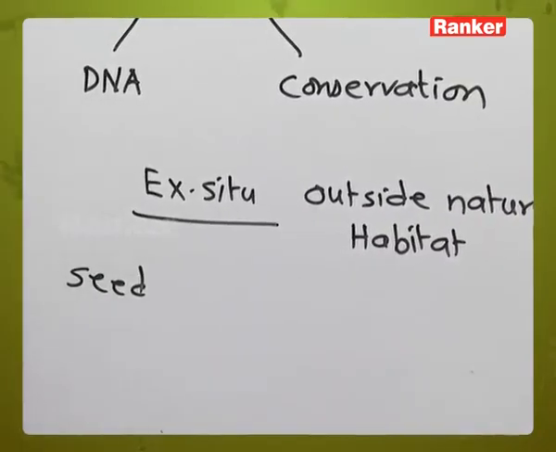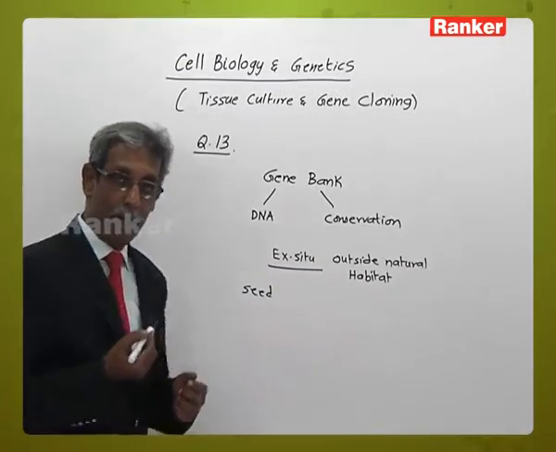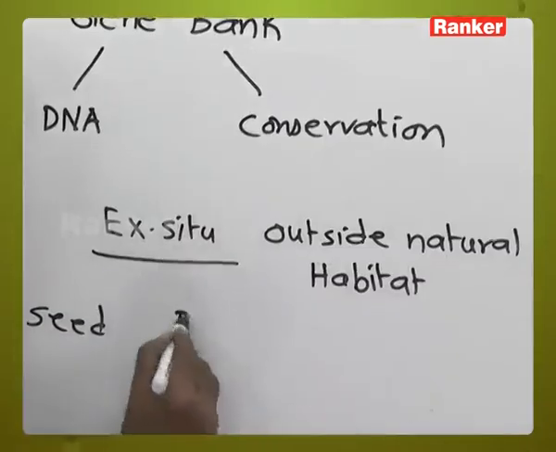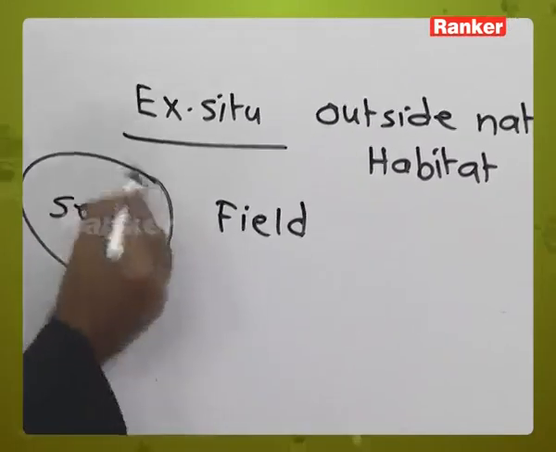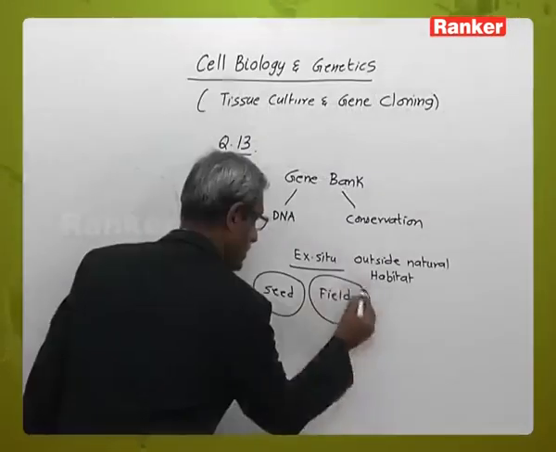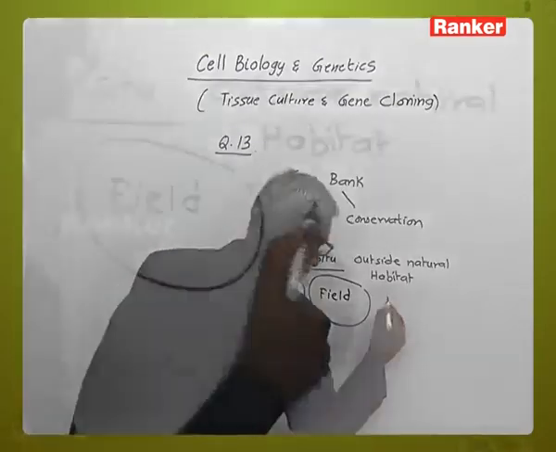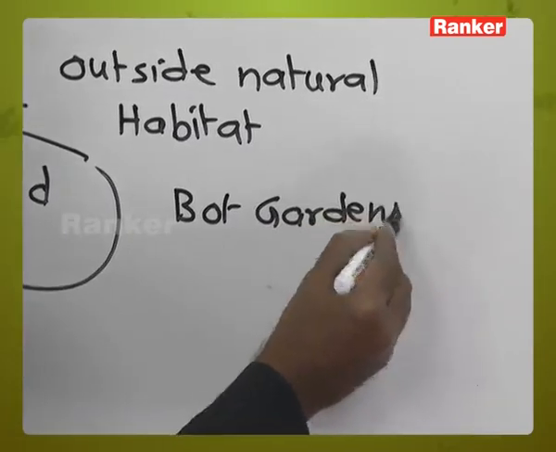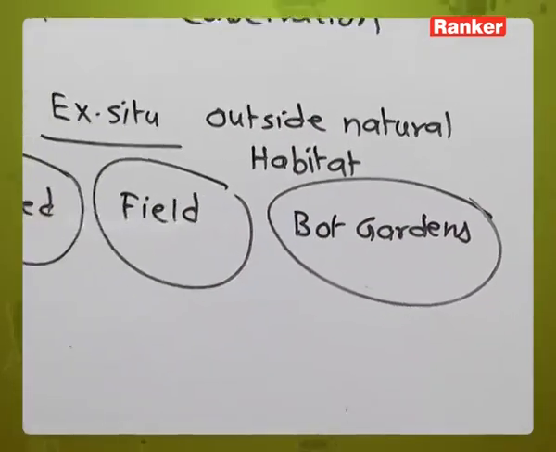It is an example of ex situ conservation. Or we take only a part of a plant and maintain it in the field. It is termed a field gene bank. So, we have a seed bank, then we have a field gene bank. Otherwise, we maintain them in botanical gardens. A plant maintained in botanical gardens is also an example of ex situ conservation.